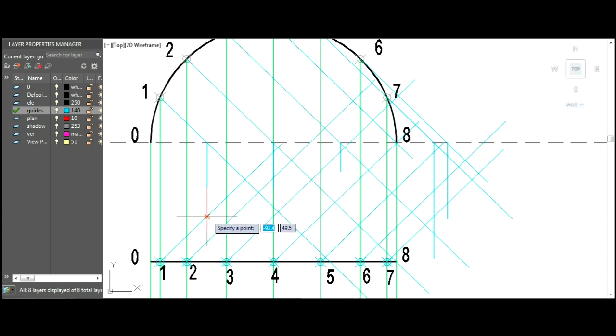Okay, so now let's go on marking the points. So 1 comes here, 2, you remember that it was on the midpoint. So 3 is this, 4 was exactly on the ground plane. So this was 5, this was 6, and 7, since it was overlapping, it's the same vertical, comes down, 7 comes up here.